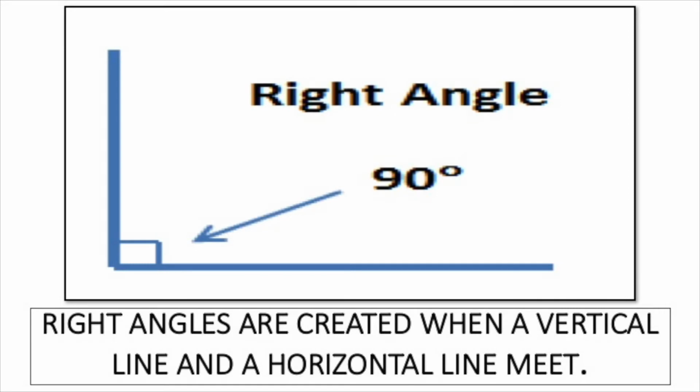Right angles are created when a vertical line, the line that goes up and down, and a horizontal line, the line that goes across, meet. Okay, so try to remember, if ever a vertical line meets a horizontal line, it's a right angle that's created, because that shape is always 90 degrees. But there are other types of angles.